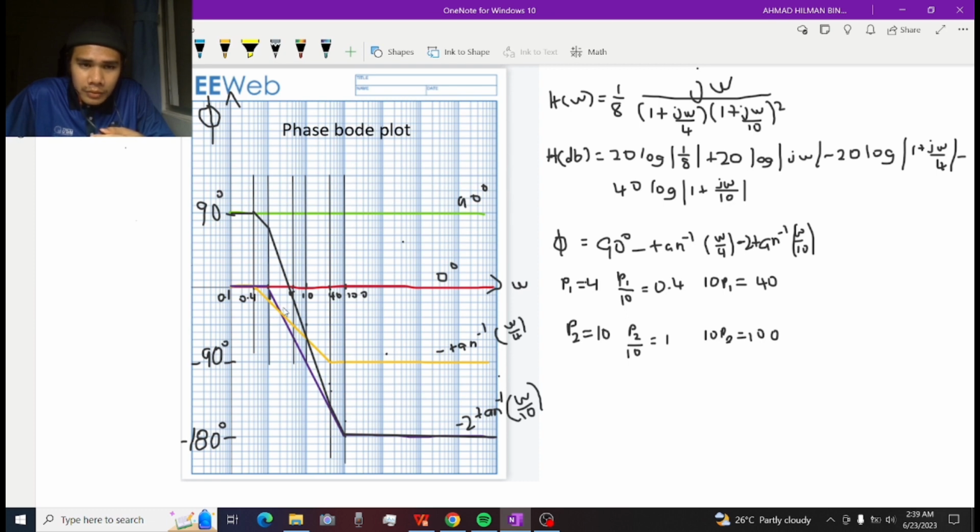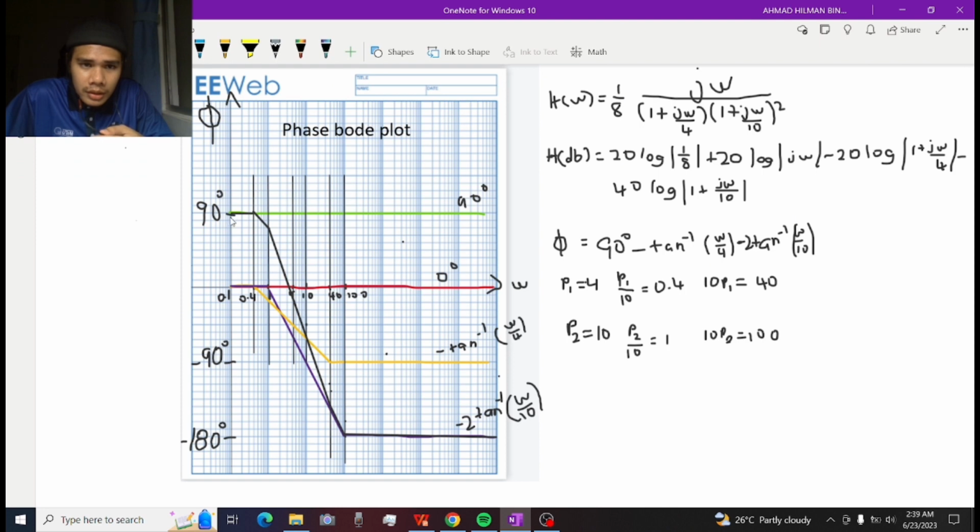Okay, so next, to complete the phase Bode plot, we have to combine all the plotted graphs. So we divide the graph into parts from point to point. So from the first point 0.1 until 0.4, we have 4 plotted graphs.